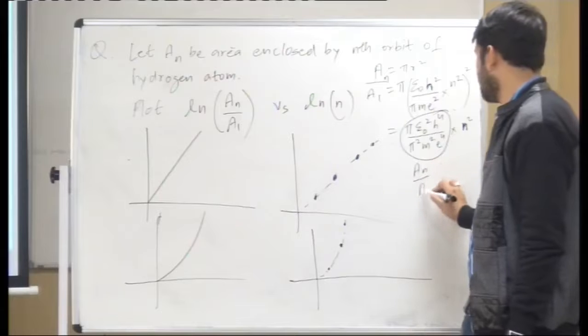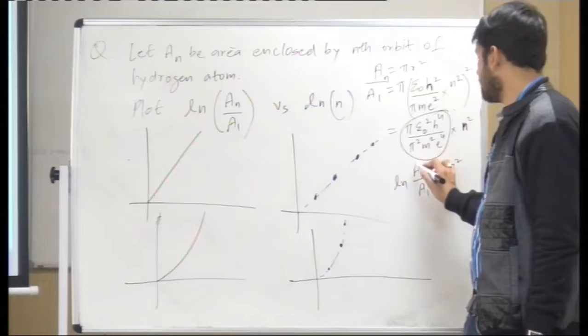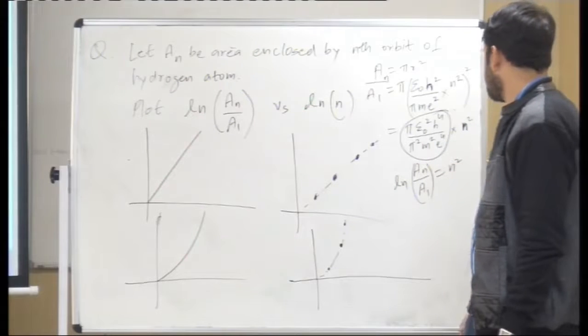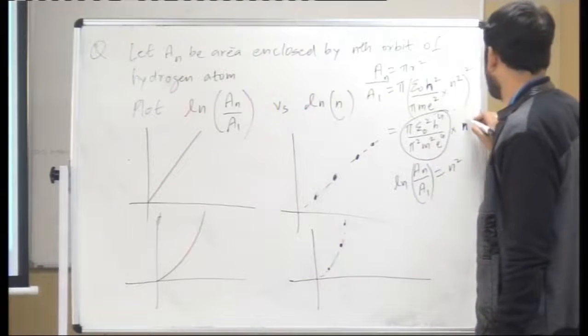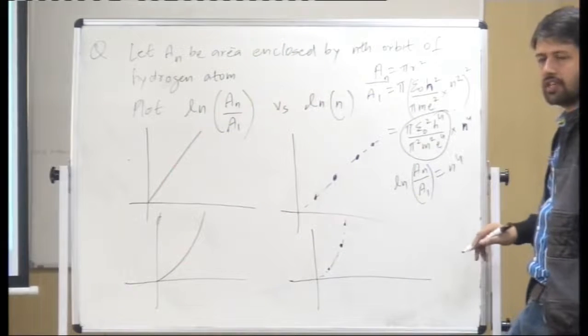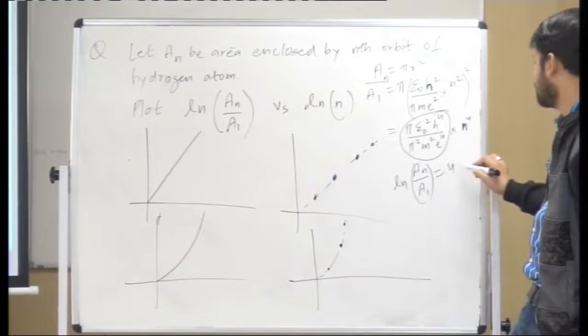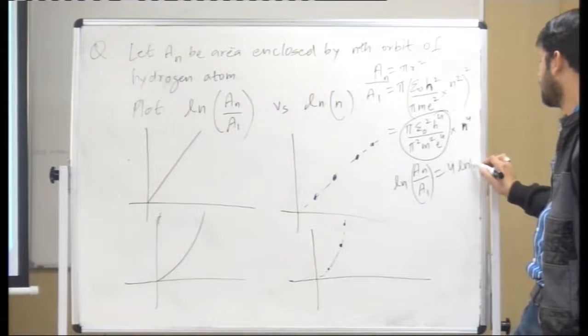An by A1 would be actually n to the power 4. If I take ln of this, it would be 4 ln n.